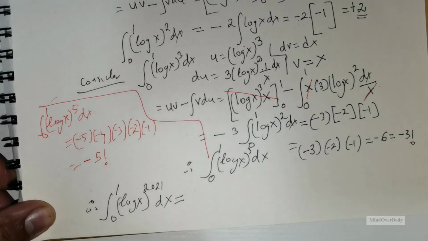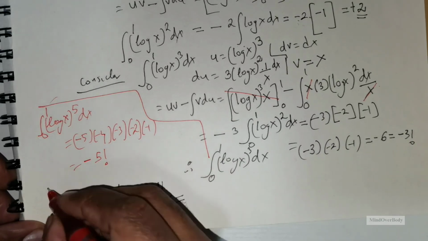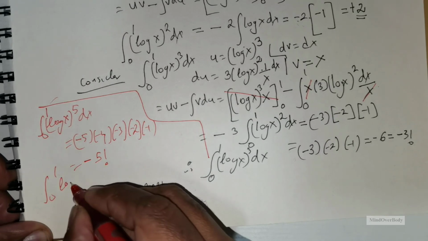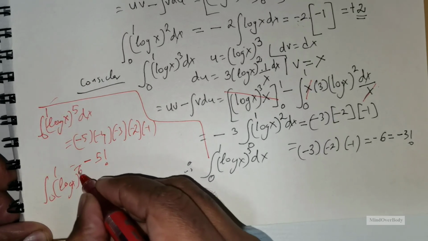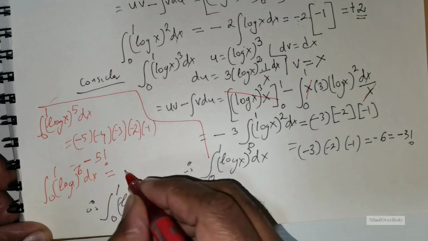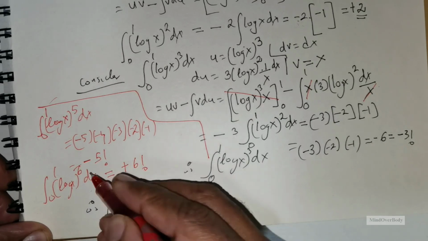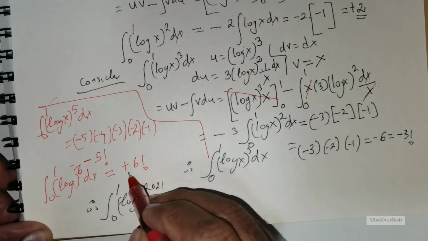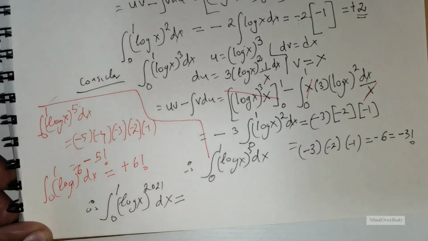Now if it was the integral 0 to 1 of (log x) raised to the power 6 times dx, then the solution is going to be positive 6 factorial. So the even number will give you a positive sign, the odd number will give you a negative sign.